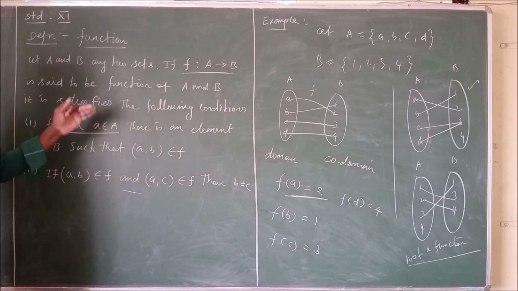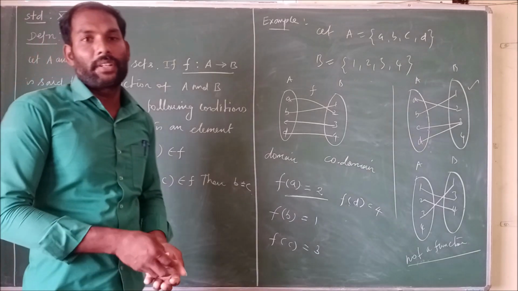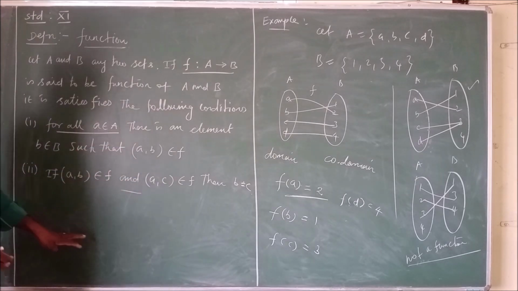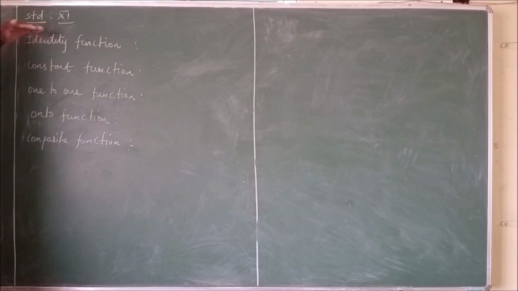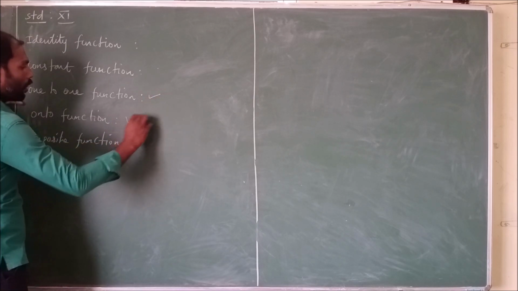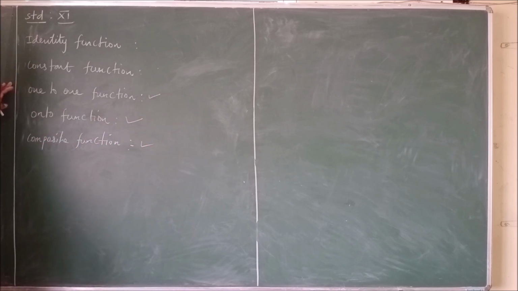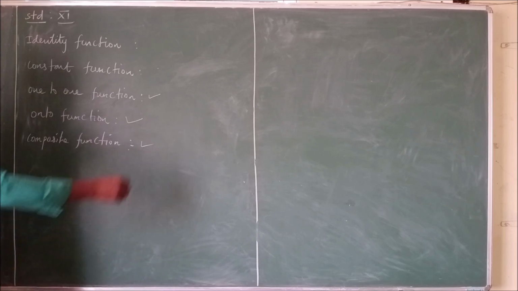Identity function, constant function, one-to-one function, onto function, composite function, and so on. We will see the definitions one by one. The syllabus gives most importance to one-to-one, onto, and composite functions. Identity and constant functions are basic concepts.